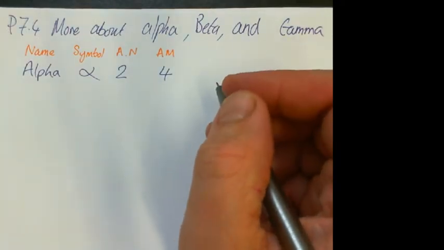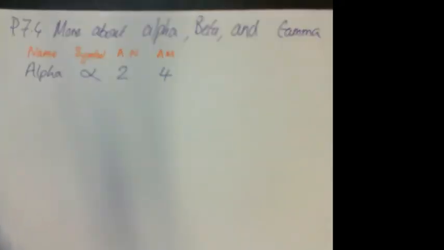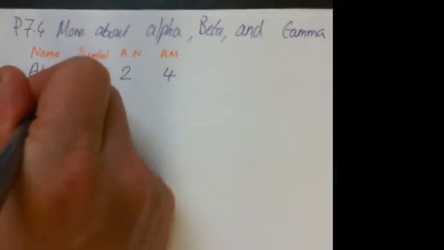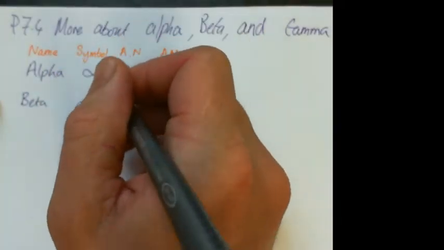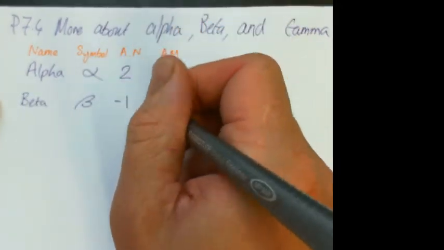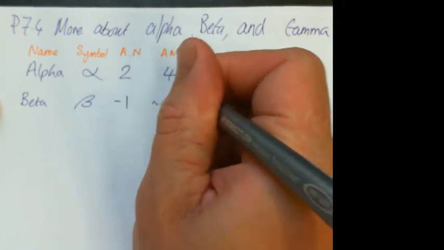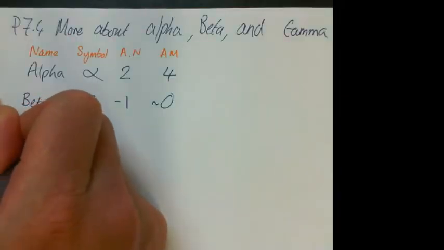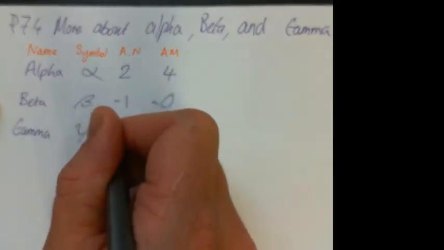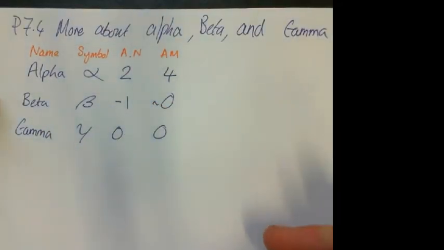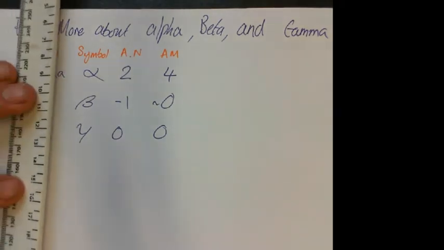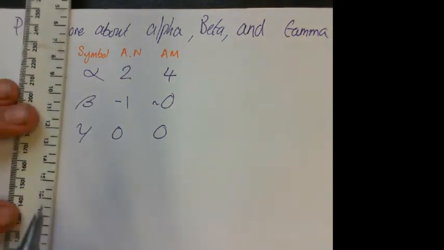Okay, and then we can say that beta has this symbol, an atomic number of -1, atomic mass of approximately 0, it's not quite 0, and gamma, atomic number 0, atomic mass 0. So that's everything that we know so far.